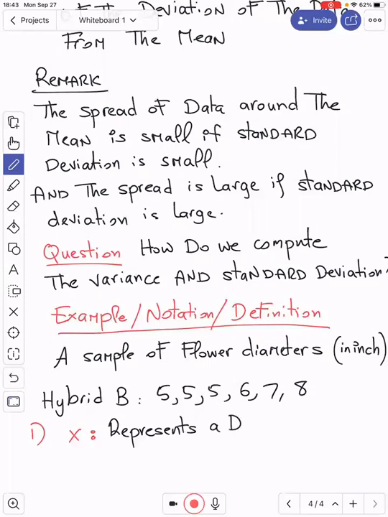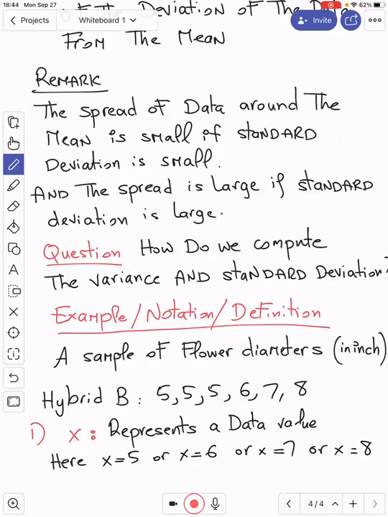In this example, X would be 5 or 6 or 7 or 8. So when I say X, it's just your data value, just a number from the data set.